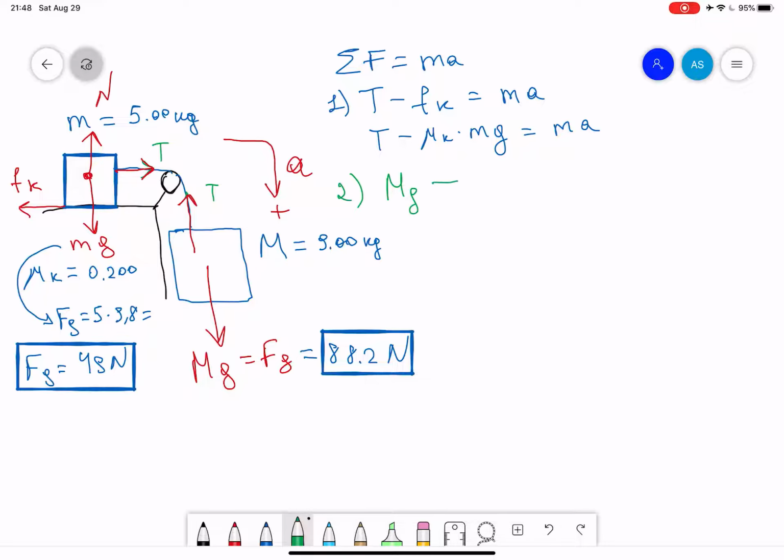Tension is in the negative direction, so minus T, and it is equal to capital M multiplied by the acceleration. So we now have two equations.